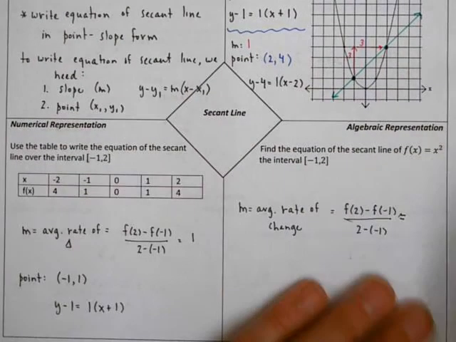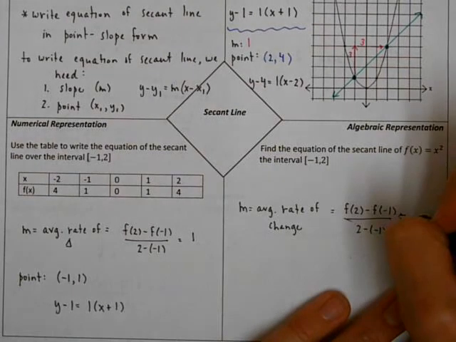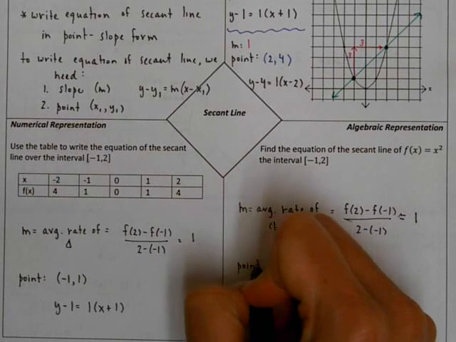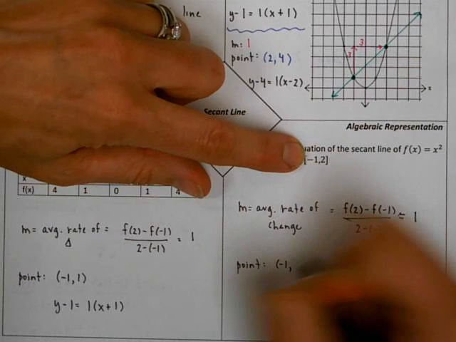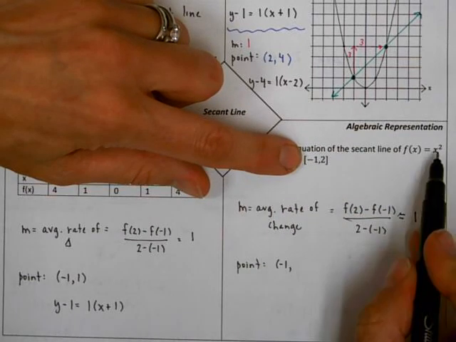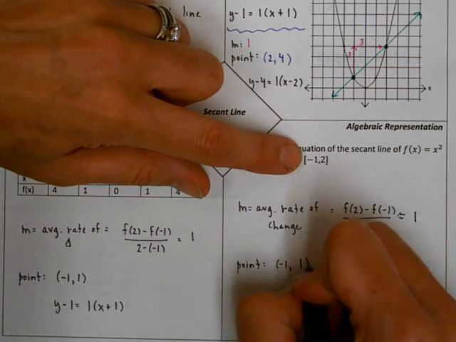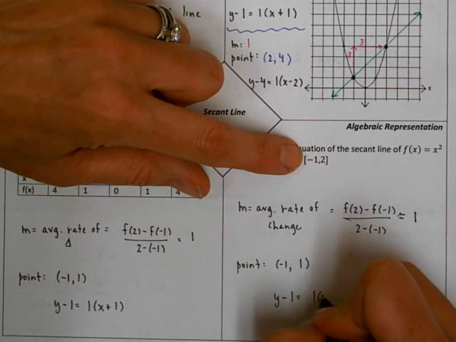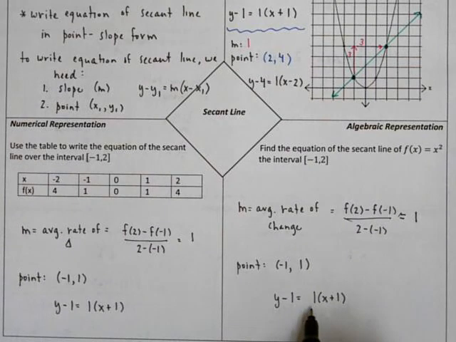We would use our equation to evaluate those. Since we did that, I won't write it all out. That is 1. And then again, to get our point, we could take our x-coordinate, which is negative 1. To get the y value, I would substitute negative 1 in for x, and I would get a y value of 1. And again, we come back to the equation, y minus 1 equals 1 times x plus 1. Now again, usually I wouldn't put the 1 here in front, but just illustrating that that's a holder for that slope.